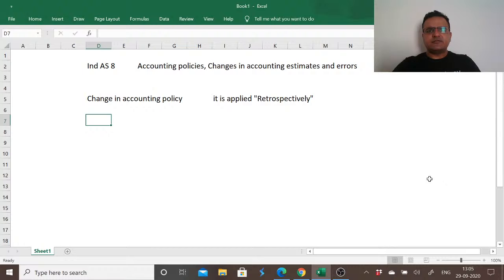What does it mean? Retrospective means as if we have been doing it since beginning.